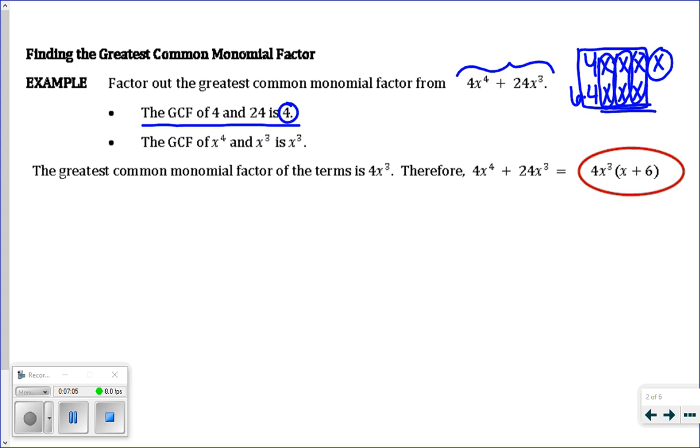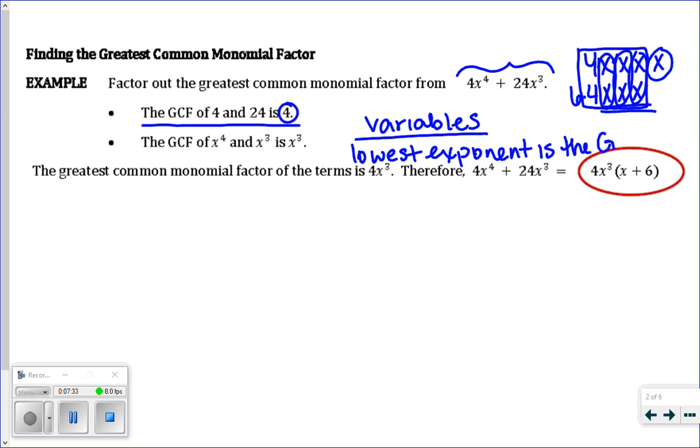As a way to remember that, and I would write this down, you guys have done GCF with numbers before, but this might be the first time you do it with variables. So when it comes to variables, think of it this way: whatever your lowest exponent is, that is the GCF of your variable.